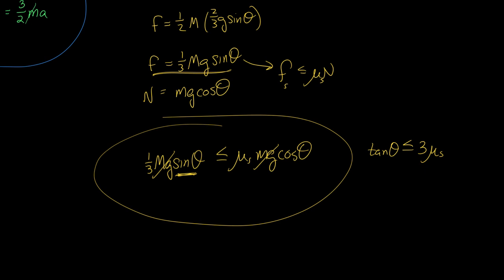And obviously, if you remember how tangent works, what happens to tangent as you get closer to 90 degrees? Well, let's see. Sine of 90 is 1. Cosine of 90 is 0. So it becomes infinity at 90 degrees.